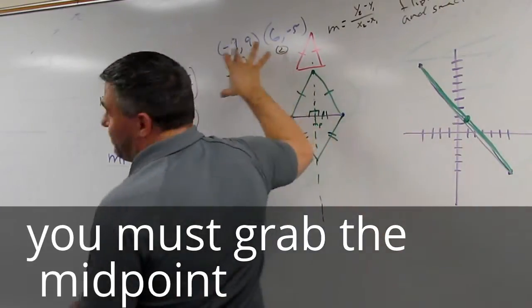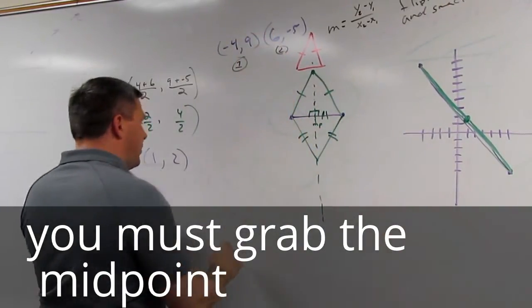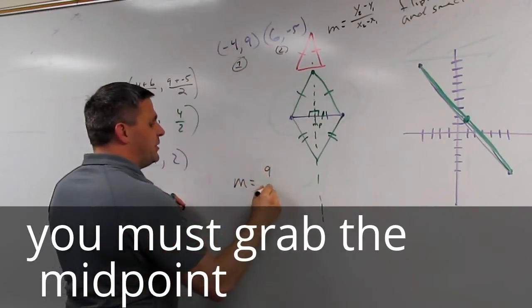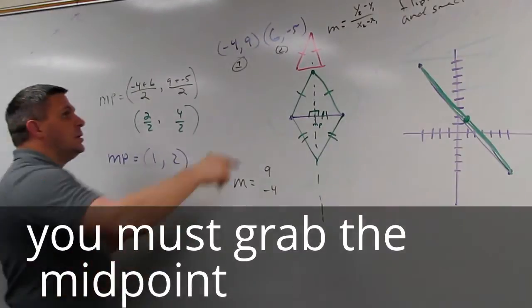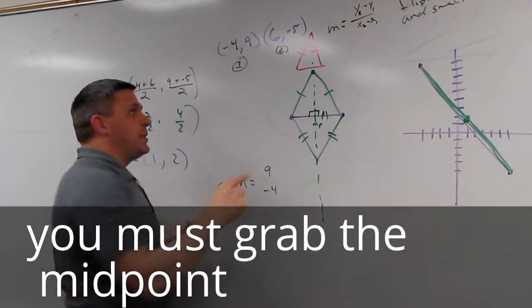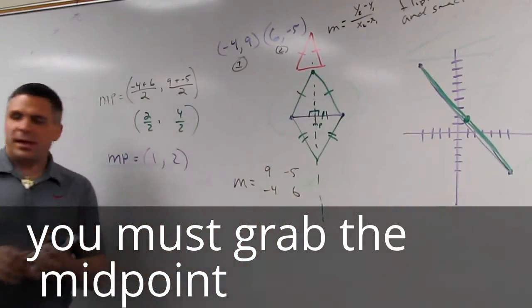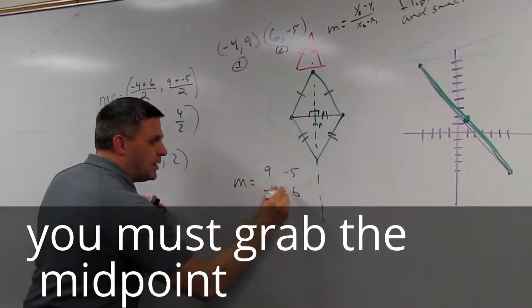Okay, just flip these and smack it. So my m is equal to 9 over -4 as long as my y is on top, right? Negative 5 over 6, and then I smack it right in the middle.